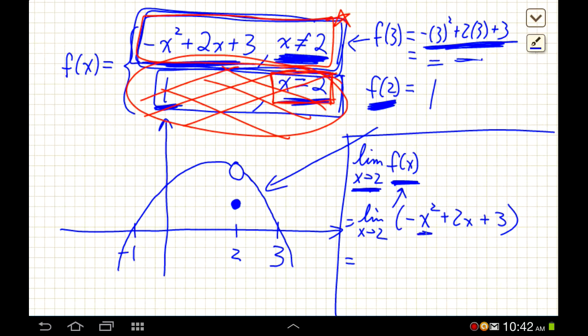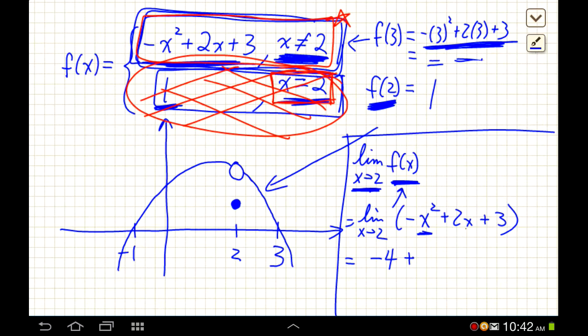X squared is a continuous parabola. The value around 2 for x squared is 4, as we saw earlier. So now the limit of the first term is 4.